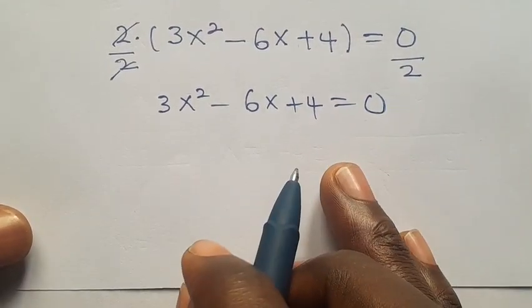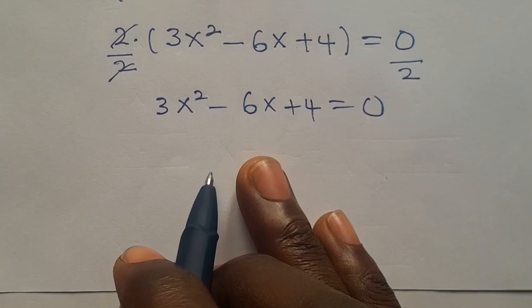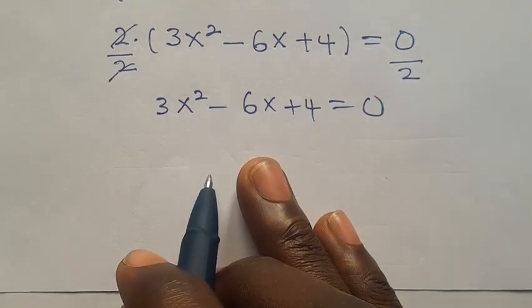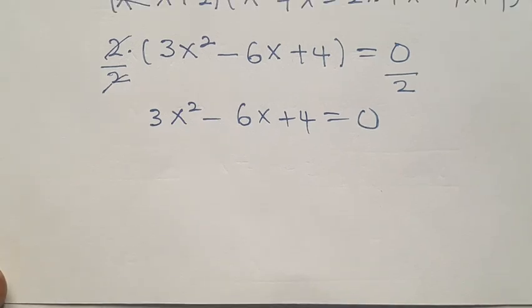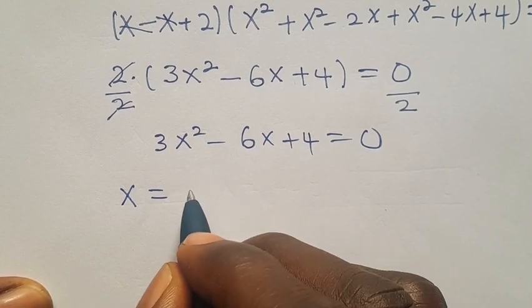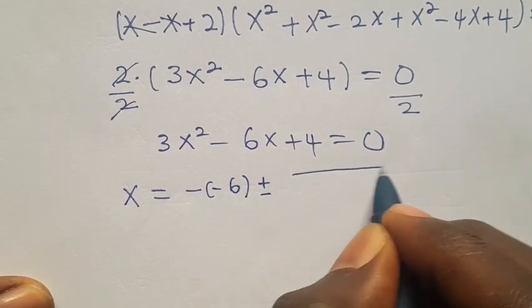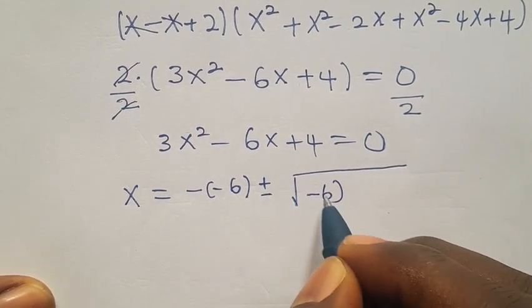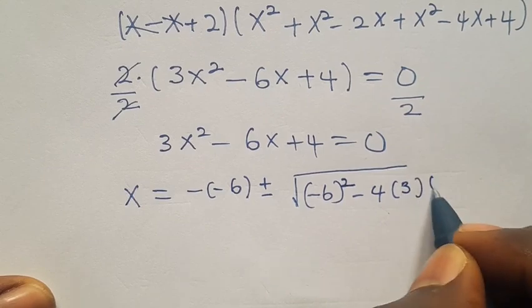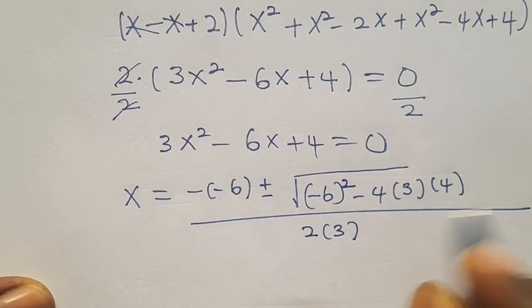So from here it is obvious. Now we're going to have x equals, here will be minus into minus 6, positive or negative, minus 6 squared minus 4 multiplied by a is 3, c is 4, divided by 2 times 3.